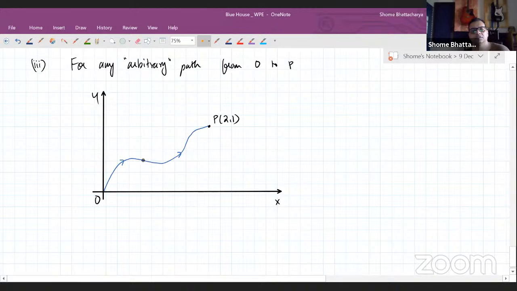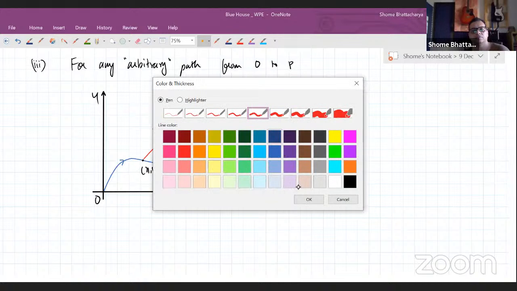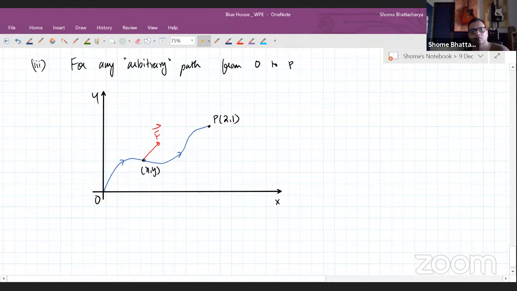So any general point in between, any general point where the particle is located at some coordinates x comma y, the force acting on it will have a general sort of direction. The differential displacement will have this kind of thing.